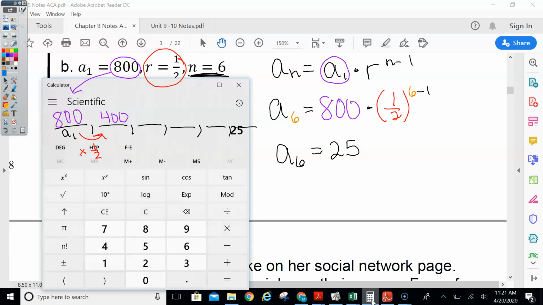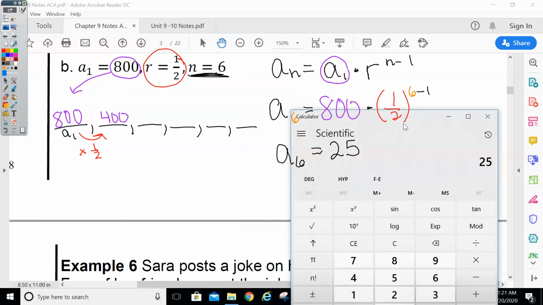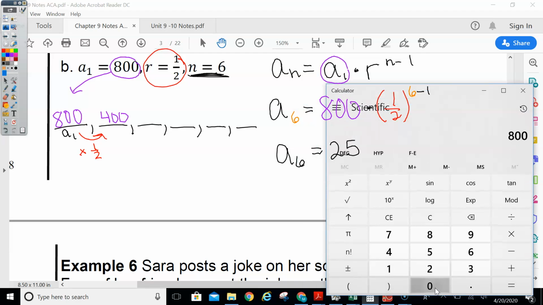So over here, 800 times 1/2 is that. So now I'm going to do that one times 1/2, which is half of 400, so 400 times 1/2 is 200.